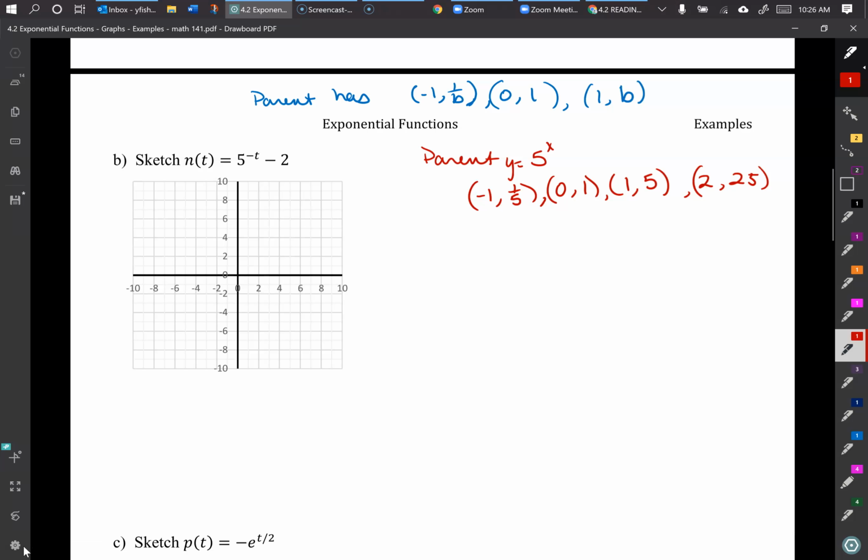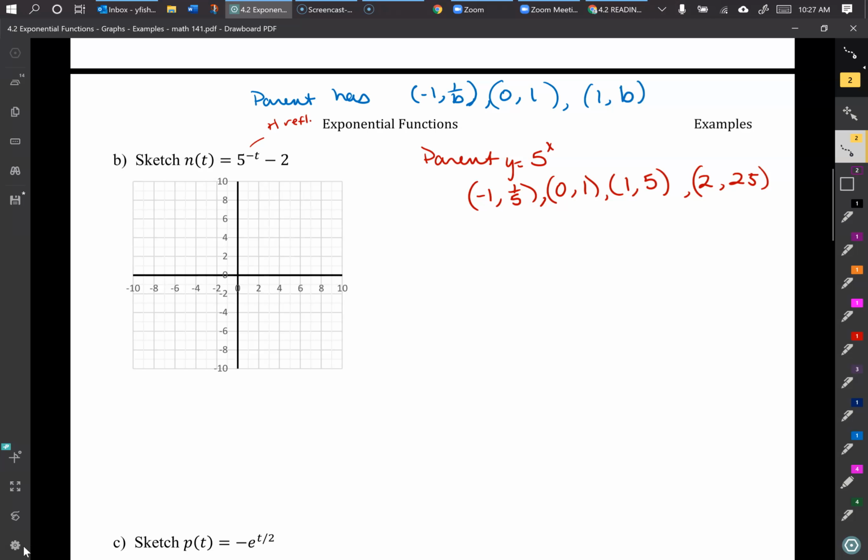And then go ahead and plot it. And then look here, you have a horizontal reflection. So all your x's are going to become negative. So that's a reflection over the y-axis there.